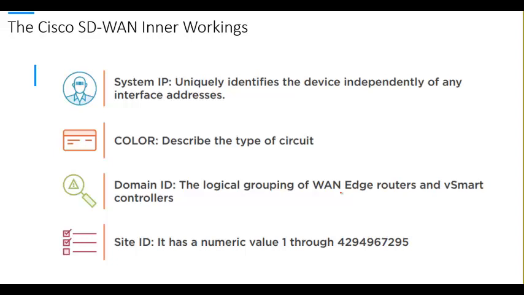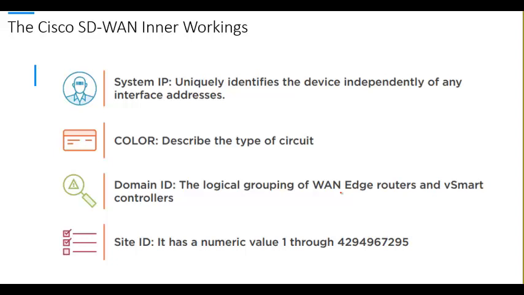So these are all the things that are now going to be seen inside the T-log. One is the system IP. This is a persistent one. It helps to uniquely identify the device, not the interface. Like we used to identify the iBGP router using the loopback address. The loopback address helps to identify the BGP peer. The system IP is not identifying an interface, but it identifies a remote router.